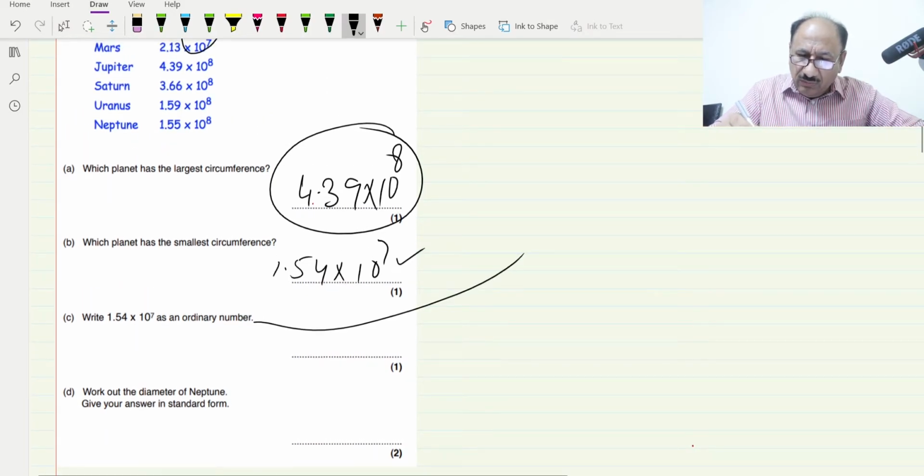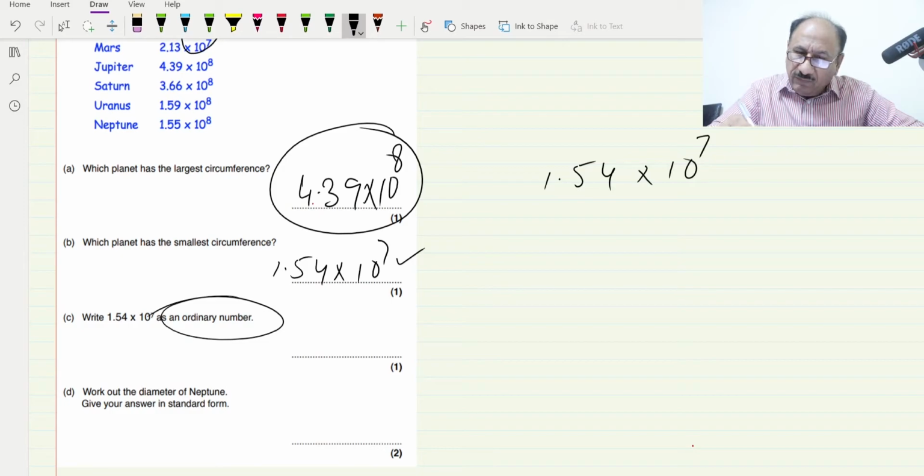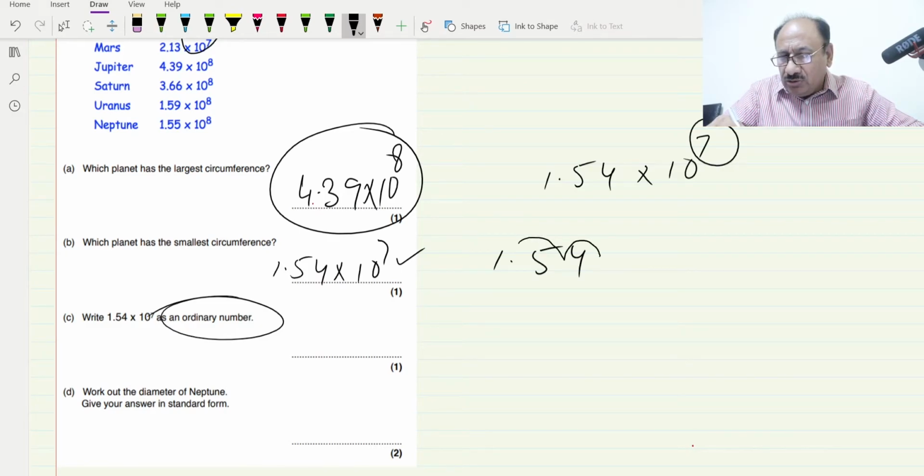So this question I will solve over here. 1.54 into 10 raised to the power 7. In exams they use ordinary number and sometimes they say expanded form, so you will have to keep in mind both terms. We shift this decimal of 1.54 and we have to take 7 jumps to the right: 1 jump, 2, 3, 4, 5, 6, 7.